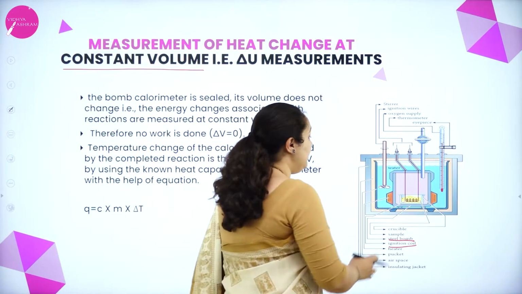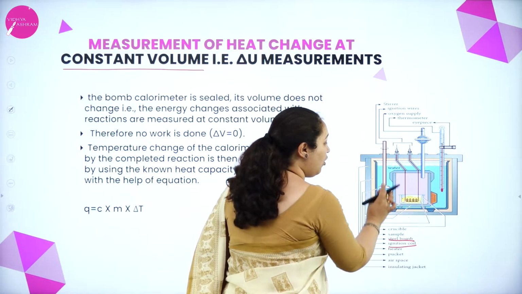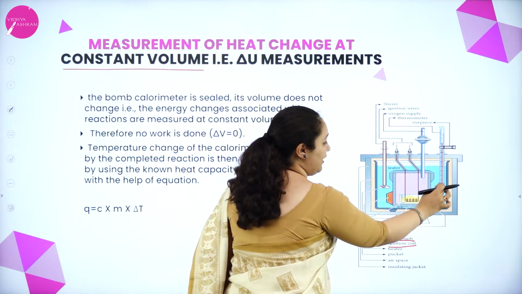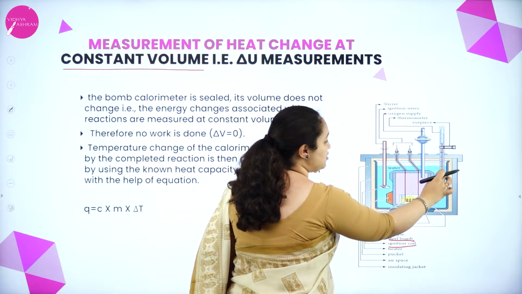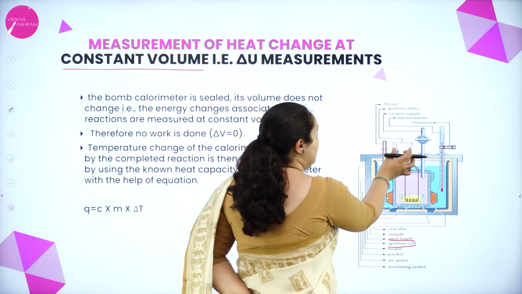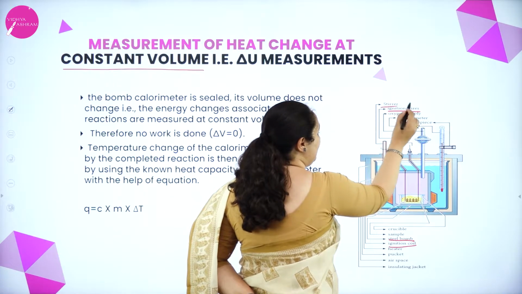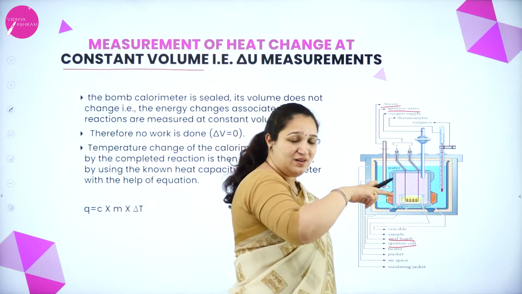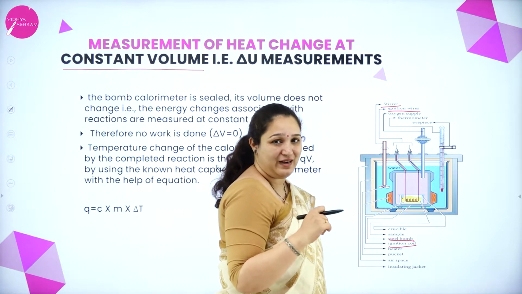Then this entire bomb is kept immersed in water whose temperature you can measure. So you have a thermometer, an eyepiece to look at what is happening inside, and the ignition wires. There is also a stirrer so that the water can be stirred for uniform temperature to be attained.